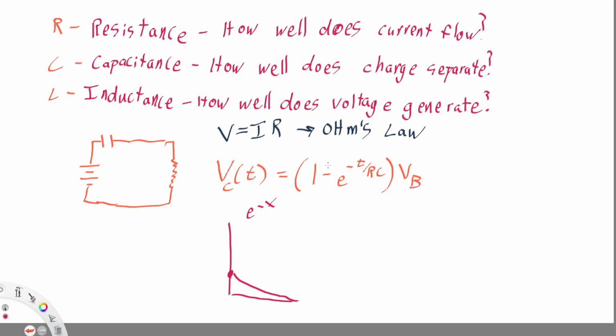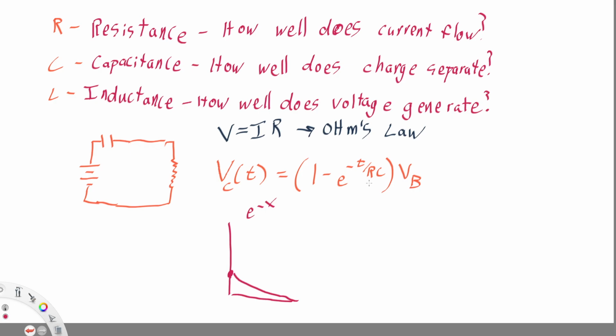That makes sense. At very long times, e to the minus infinity is like 0. So in the parentheses, you get 1 minus 0. That's 1. So at long times, the voltage across the capacitor should be the same as the voltage that your battery is outputting. So in the limits, those make sense.